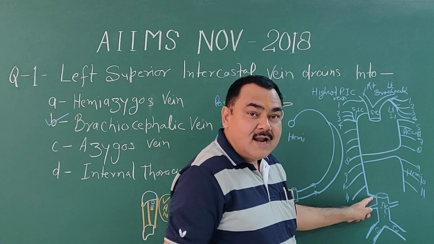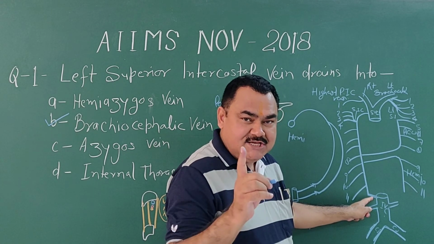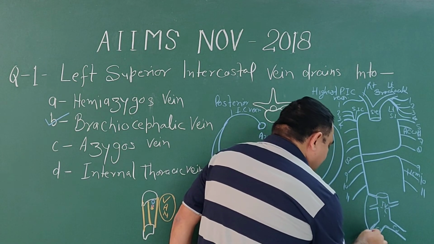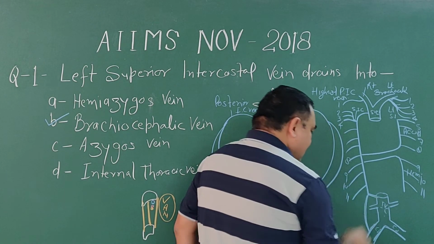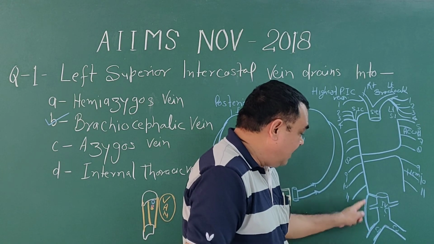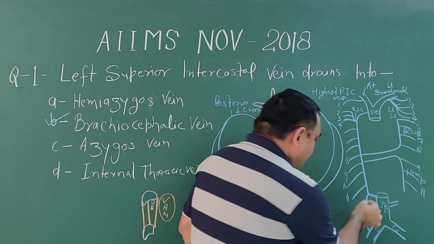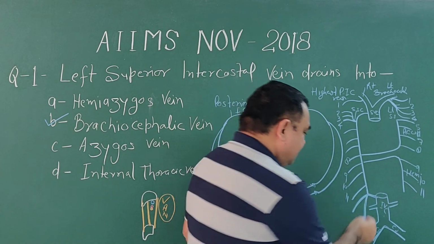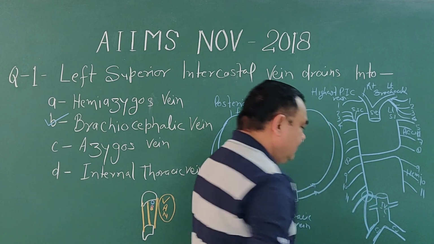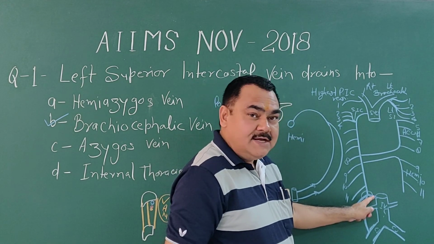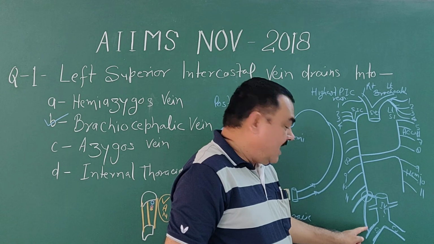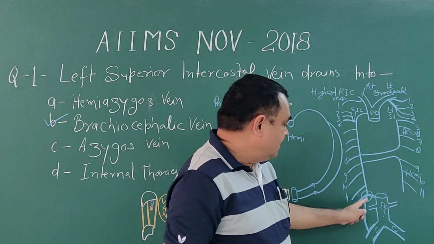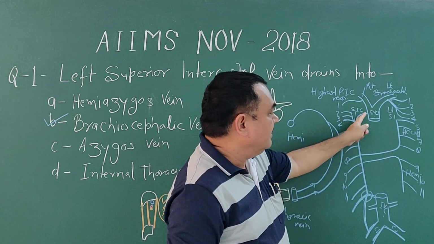This is the right lumbar azygous, and here the right ascending lumbar, and here is the right subcostal. So three veins join here: right lumbar azygous, right ascending lumbar and right subcostal vein join to form the azygous vein.